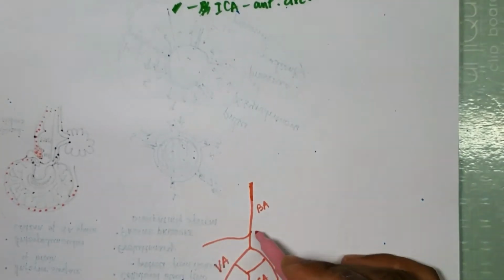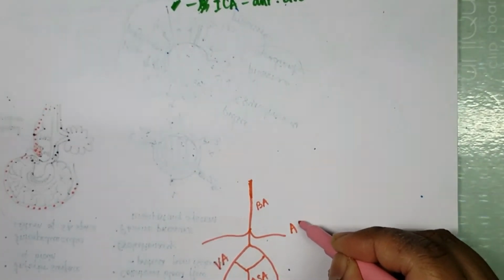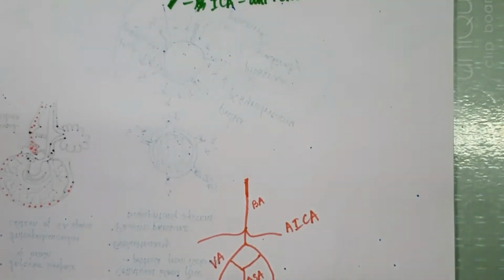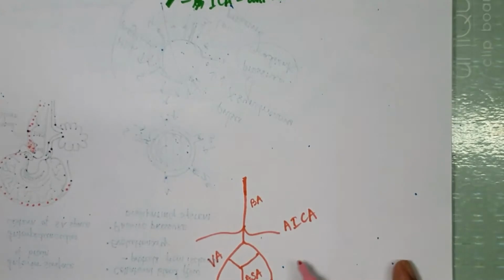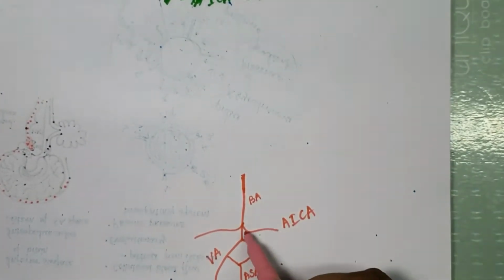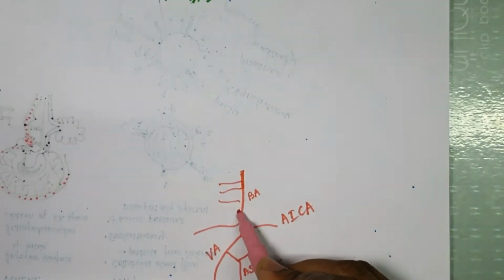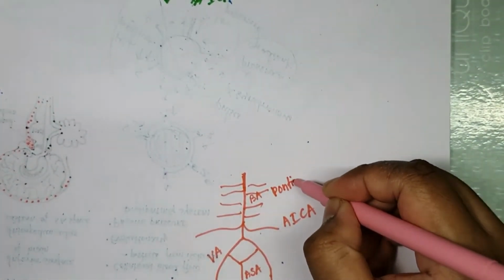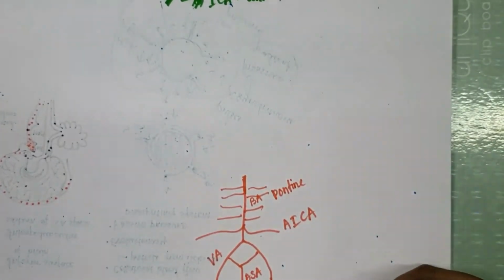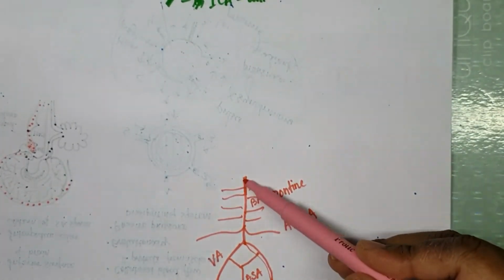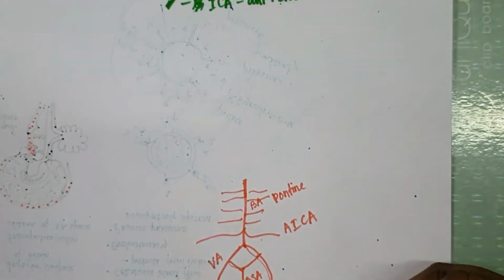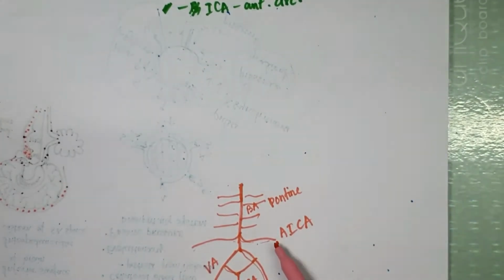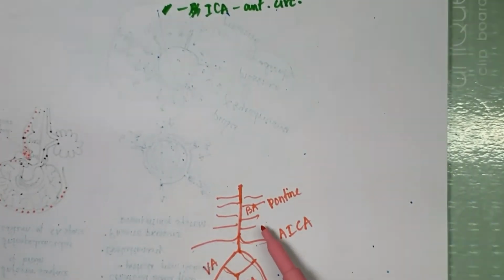Here it gives out the anterior inferior cerebellar artery. I will give you a clearer diagram after this, so I'm just labeling them using abbreviations. The basilar artery also gives out pontine branches. These branches go to the pons. So the vertebral arteries came together, they form the basilar artery. Here we have the anterior spinal artery. The basilar artery gives out an anterior inferior cerebellar artery and the pontine branches here.